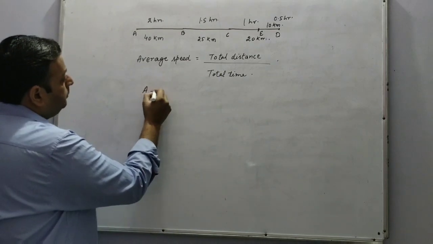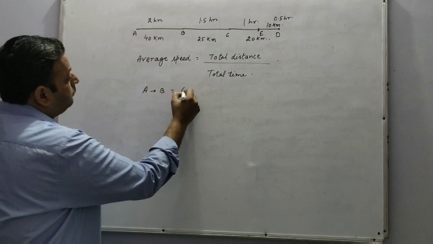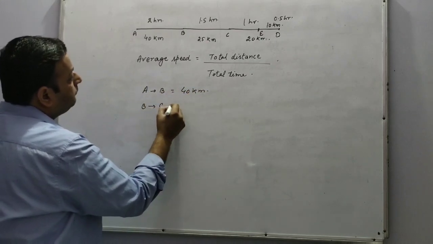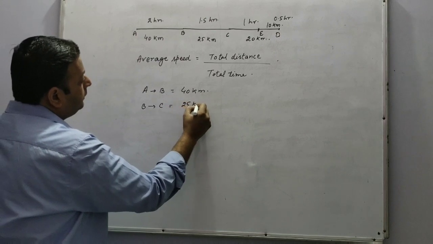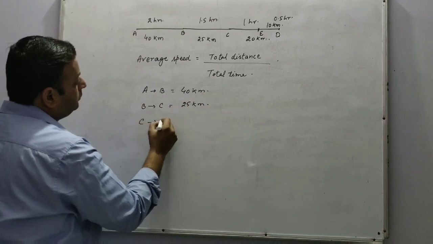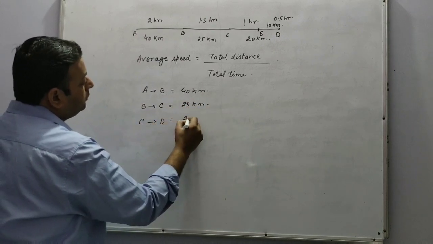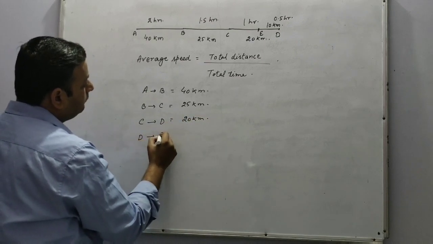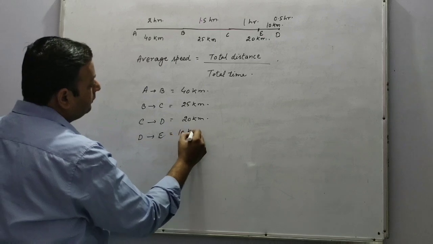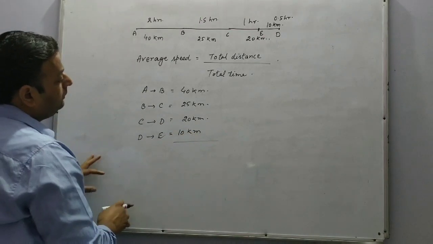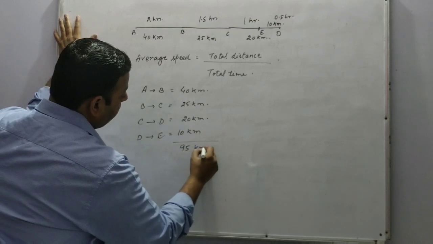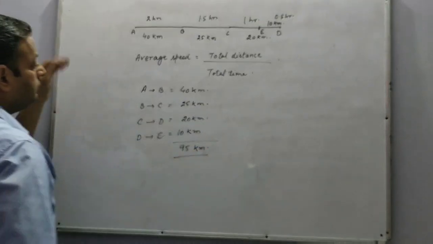From A to B, 40 kilometer, B to C, 25 kilometer, C to D, 20 kilometer and D to E, 10 kilometer. So the total distance would be 95 kilometers.